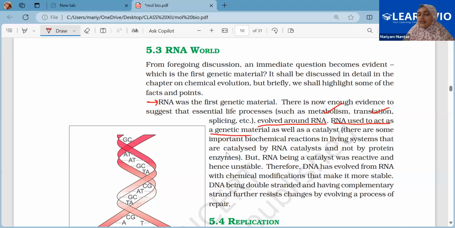RNA used to act as a genetic material as well as a catalyst. There are some important biochemical reactions in living systems that are catalyzed by RNA catalysts and not by protein enzymes. But RNA being a catalyst was reactive and hence unstable.